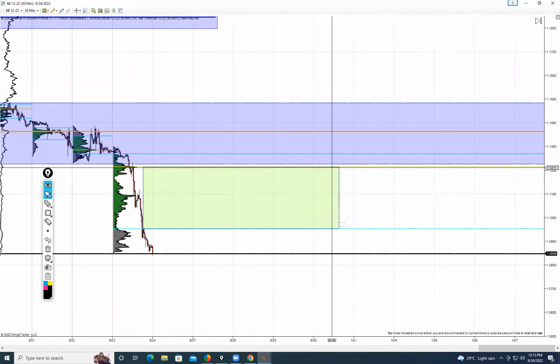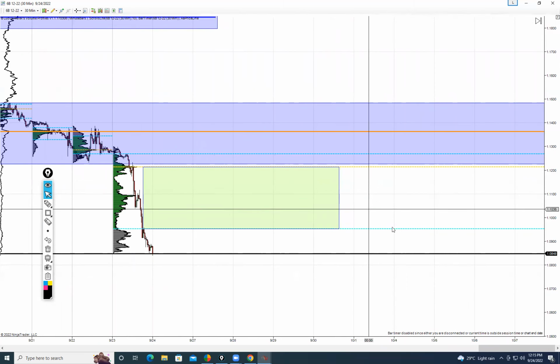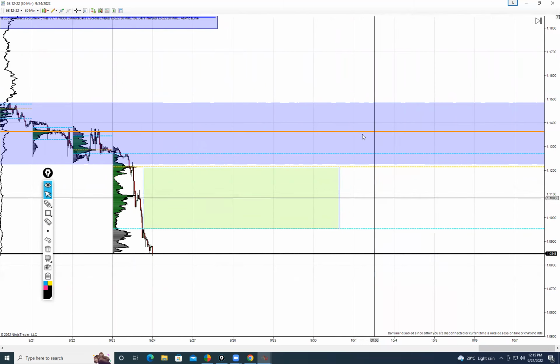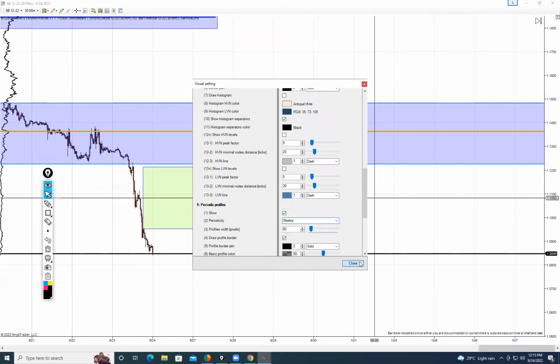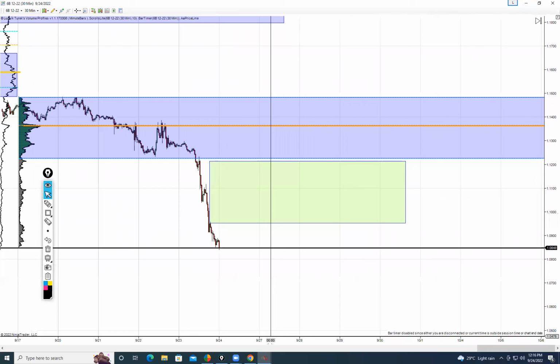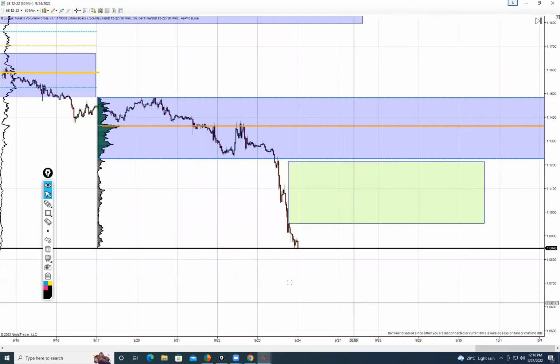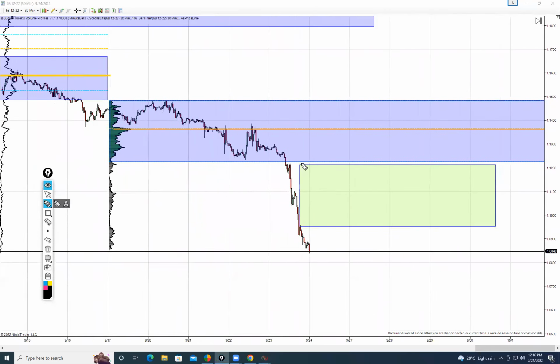So at these 2 points, if I bring back my weekly overview, at this point, what we have is areas that are virgin. So we have this volume point of control and we have the value area low.